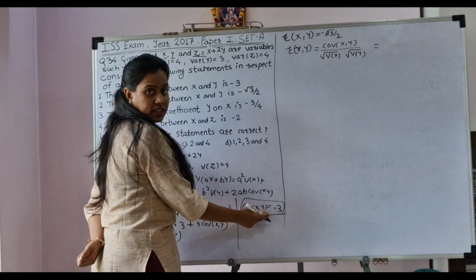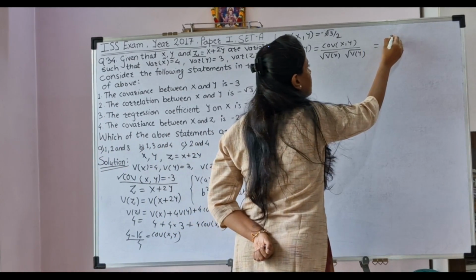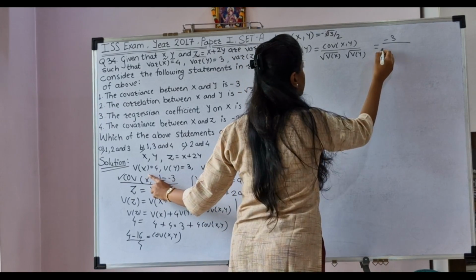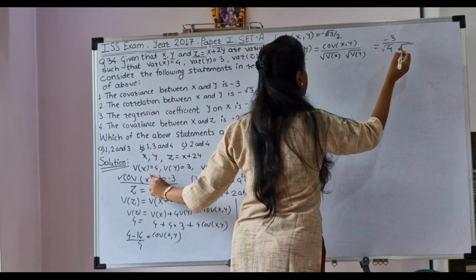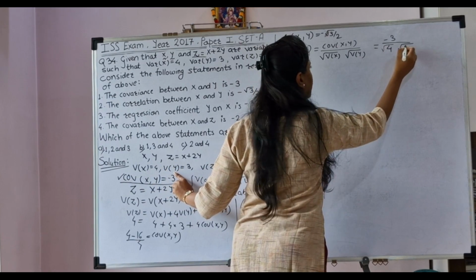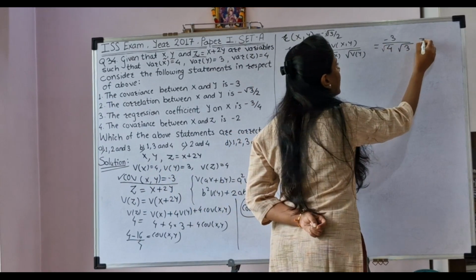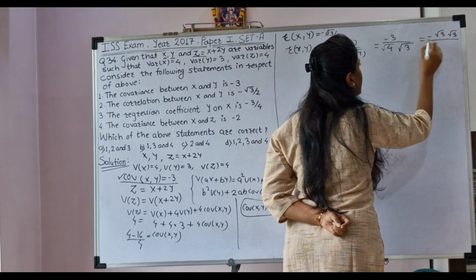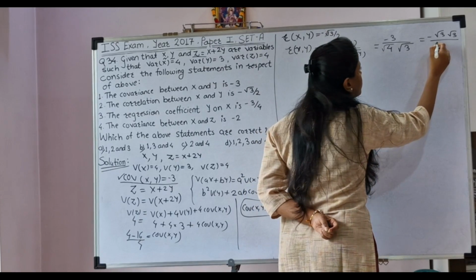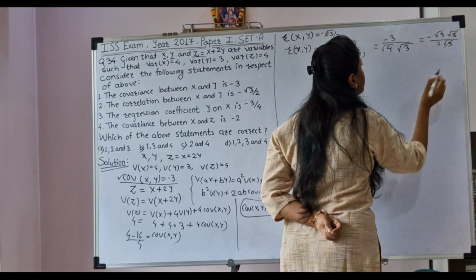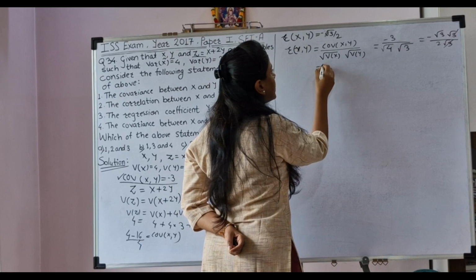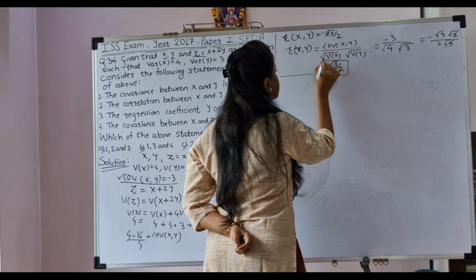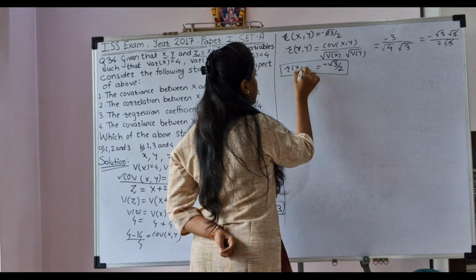Covariance of xy we have just calculated, it is -3, divided by square root of 4, since variance of x is 4, into square root of 3, the variance of y. Same we can write as -√3 into √3 divided by 2 √3. This √3 will get cancelled and we will get -√3/2. So our second statement is also correct.